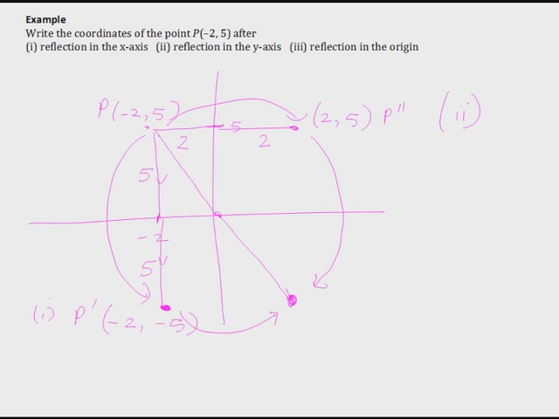So it's a combined reflection in both axes, one followed by the other. That's what reflection in the origin is. So where do I end up? So I end up at 2, minus 5, because I've moved 2, 2 and then I've moved 5, 5. So here's your point, which is a reflection in the origin. We'll abstract these three notions.